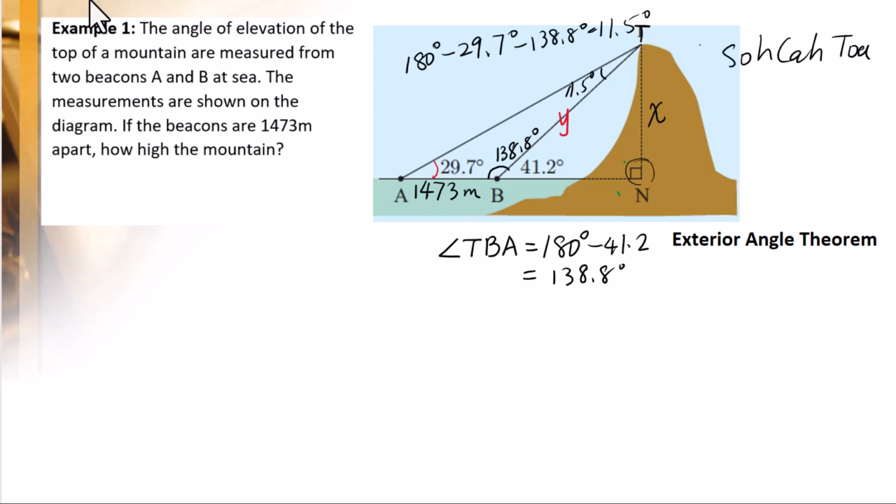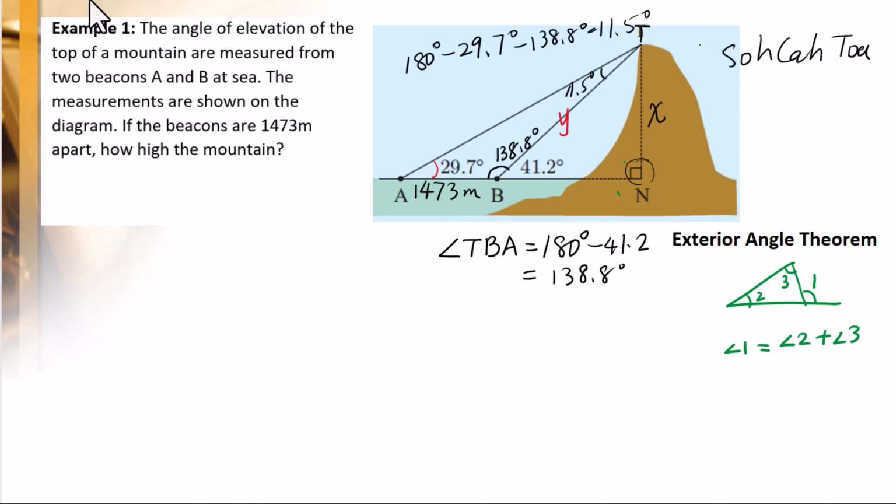The exterior angle theorem means the exterior angle of a triangle, let's label it angle 1, equals the sum of the two opposite interior angles of this triangle, which means angle 1 equals angle 2 plus angle 3.